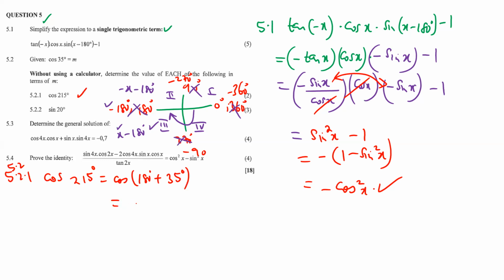Right, in which quadrant is 180 plus? 180 plus is in the third quadrant. In the third quadrant, the cosine is what? Negative. Cosine 35 degrees. Okay, cosine 35 degrees they've given us is m. So this is minus m. So which therefore means the cosine of 215 degrees is minus m.